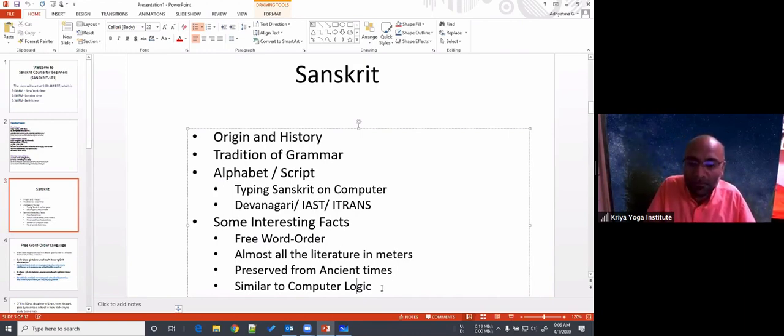That grammar system is very much based upon computer logic. Think of it, I told you yesterday, all the Sanskrit words are derived from this list of dhatu kosha, 2000 root words. And out of 2000, probably 30% or maximum 40% are responsible for the vast majority of Sanskrit words.